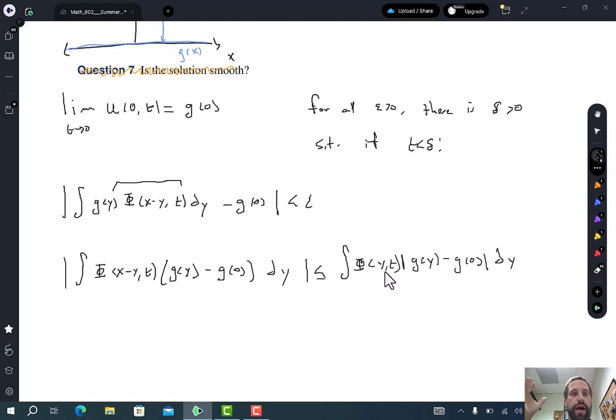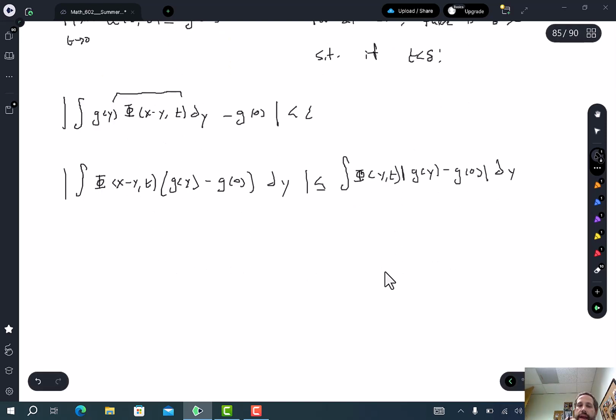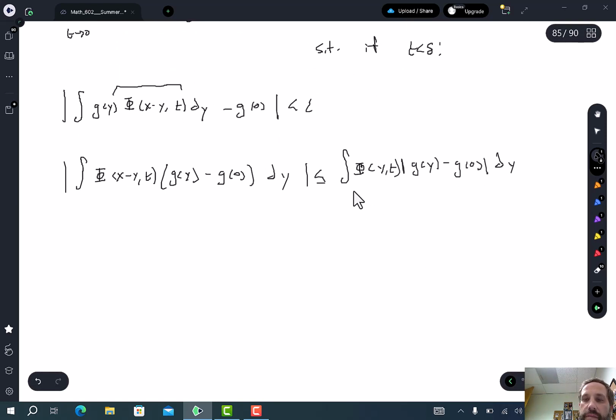If you have an integral with the absolute values on the outside, that's always less than or equal to putting the absolute values on the inside. Just draw a graph with a function that's positive and negative: there can be cancellation with the absolute values on the outside, but no cancellation with the absolute values on the inside. This is the integral from minus infinity to positive infinity.